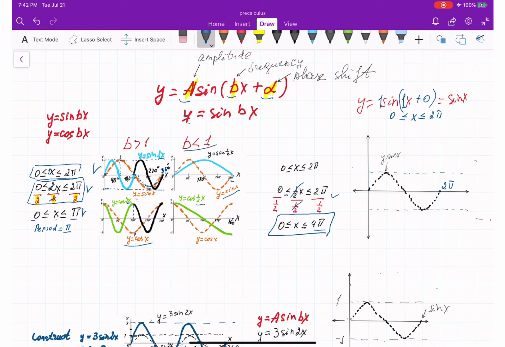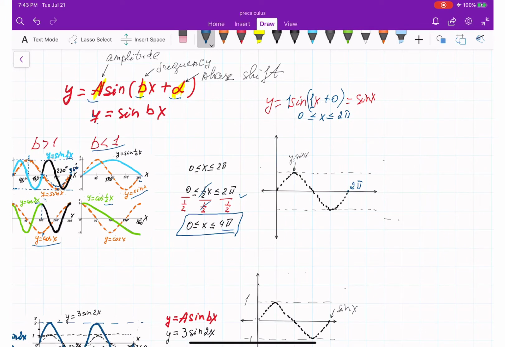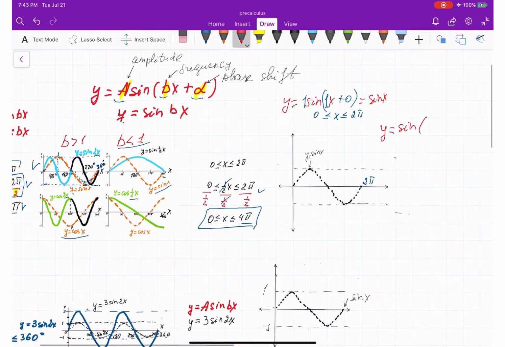Now what if this B is negative, less than 1? Let's assume I will take, for example, y is equal sine, how much? Let's say negative 2x. How are we gonna build this?